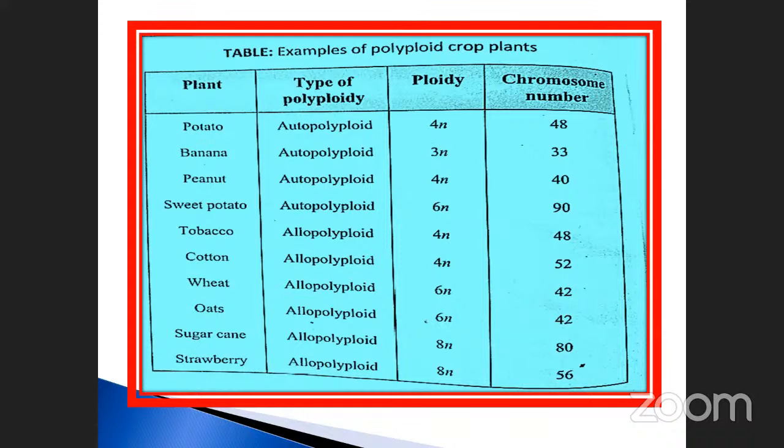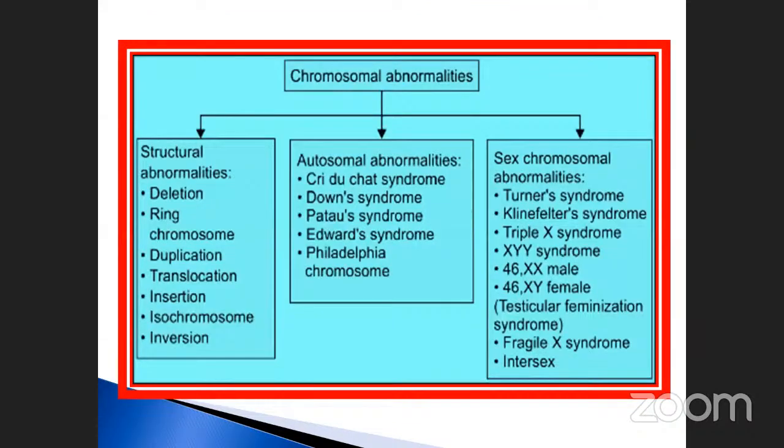Okay, see here, this is another one. Due to polyploidy, the chromosomal nature is disturbed, or some changes occur within the chromosome numbers. It will also lead to some diseases. That condition is called chromosomal abnormalities.